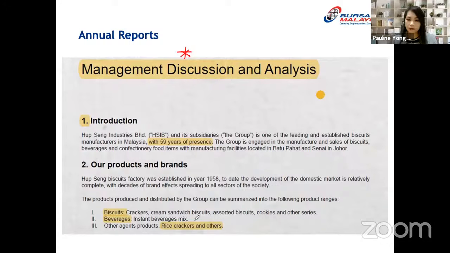Or if you are looking at the plantation, then you diversify into properties. This one maybe there is some relationship because plantation companies have a lot of land. So you clear the land, convert the agricultural land into commercial land, then you can make money out of your land. And some of the construction companies also diversify into properties.